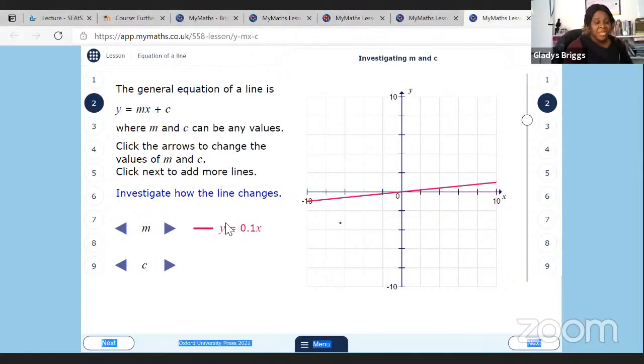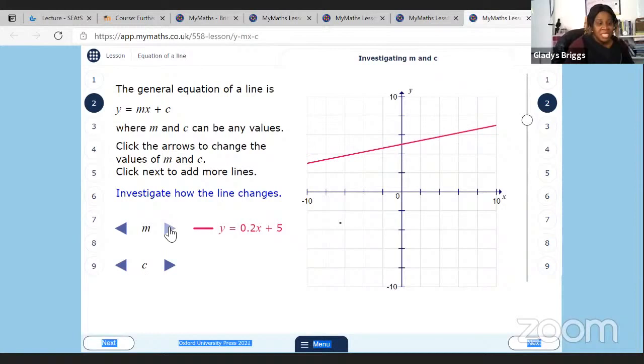So if y is equal to 0.1x, then that will be the gradient. If you say plus 1, plus 2, it's going to keep on going up and up. If you increase C, you're changing where it cuts the y-axis.